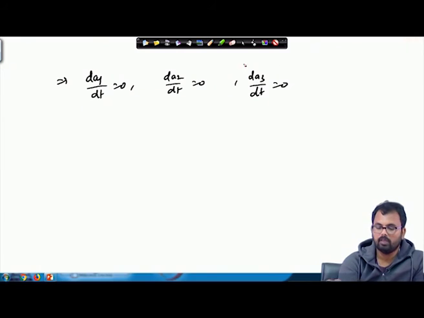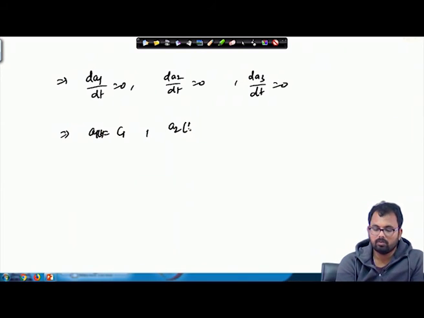From here, if we integrate both sides, then we will get A1(t) equals a constant, say C1, A2(t) equals a constant, say C2, and A3(t) equals a constant, say C3.